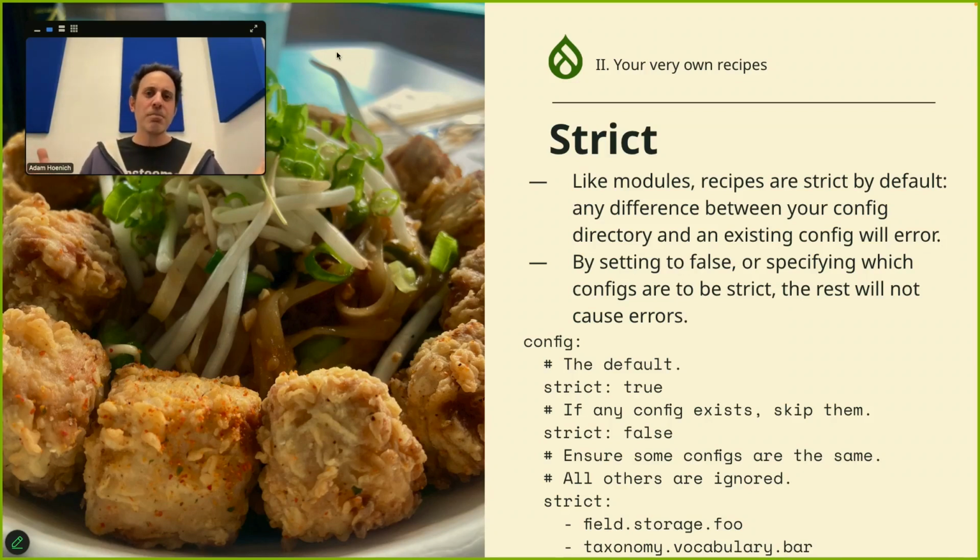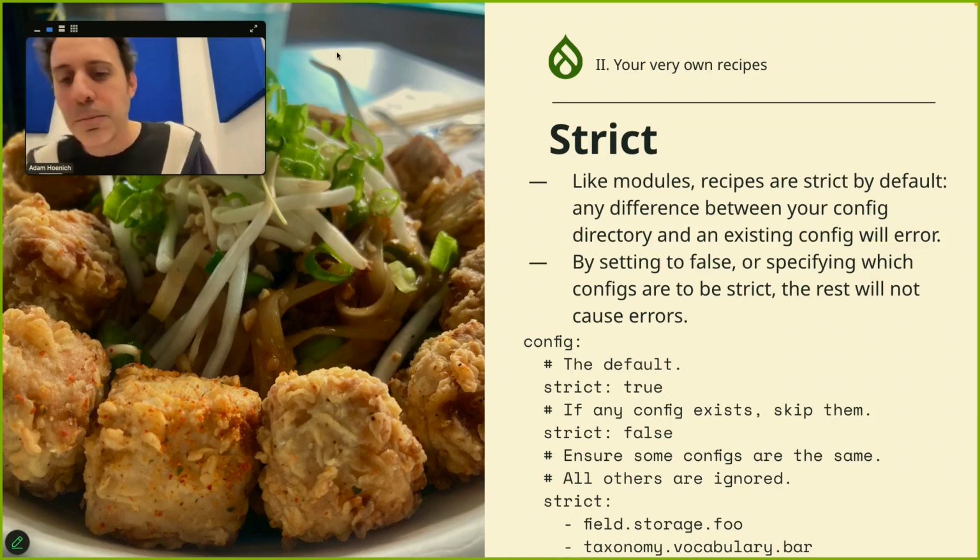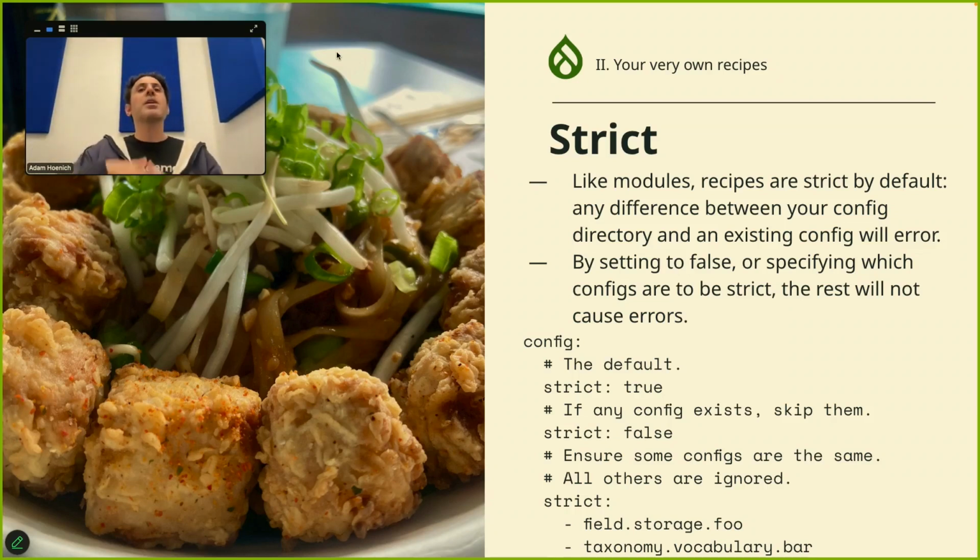Most other things, not so much, but it's still good to explicitly say I want to be lenient, rather than assume it's going to be lenient and be surprised later. So that's what strict is. It solves a long-standing problem. If you look at the recipes in core, or even the recipes in Drupal CMS, I think most of them are now strict false.